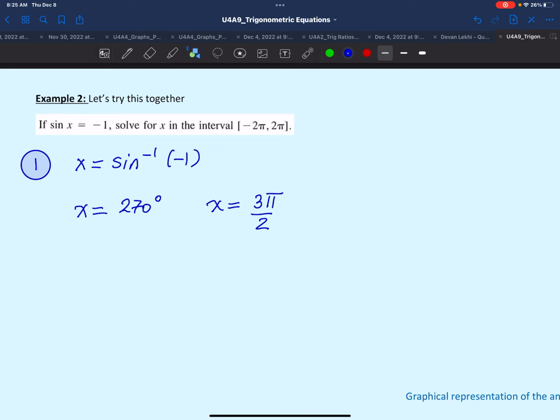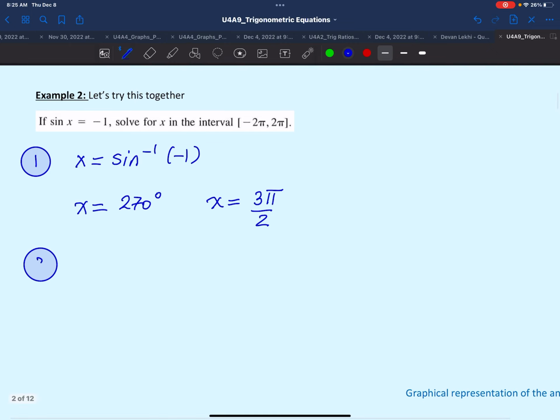Step number 2 would be to draw the angle. So we drew the angle on the Cartesian plane. That would be the angle 3 pi over 2. We'll start from the positive x-axis, go pi over 2, 2 pi over 2, 3 pi over 2.